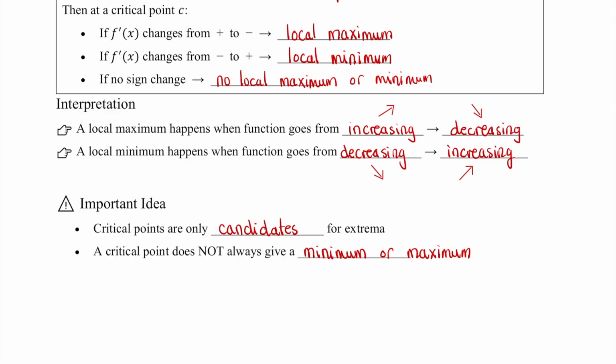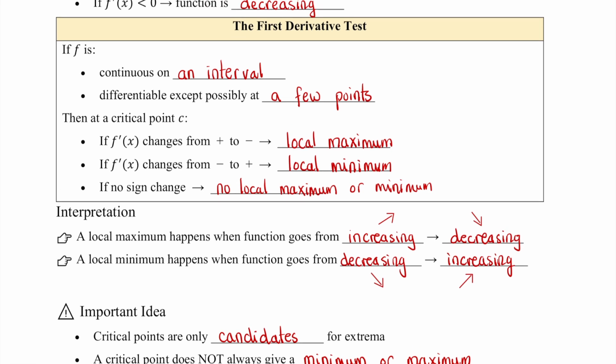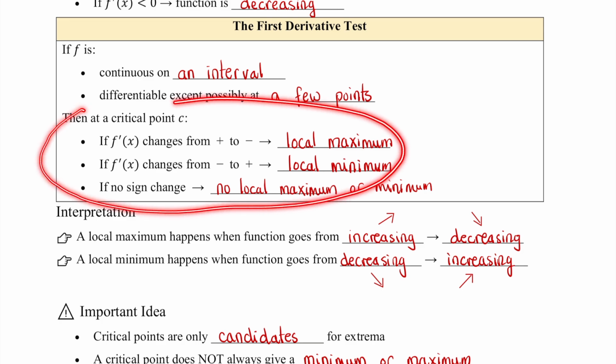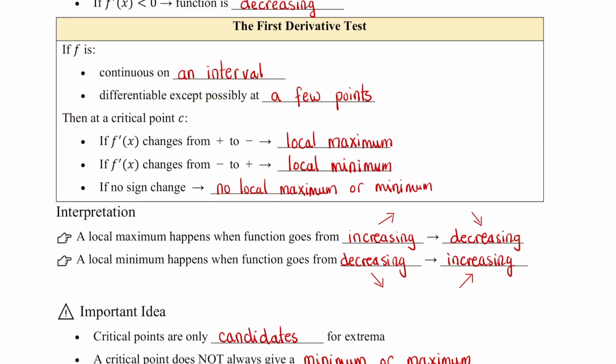We can't just assume. So to summarize, the first derivative tells us if a function is increasing or decreasing. By checking how the derivative changes around a critical point, we can identify local maxima and minima. In the next part, we'll start applying this idea to actual problems.